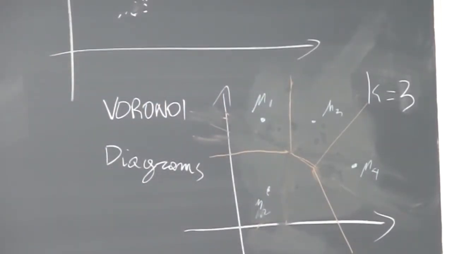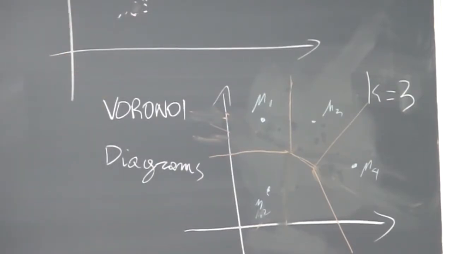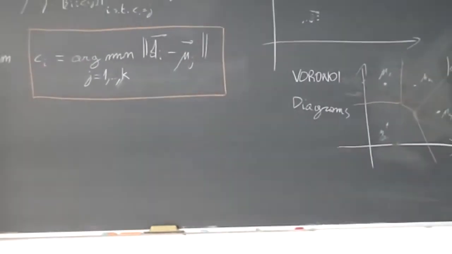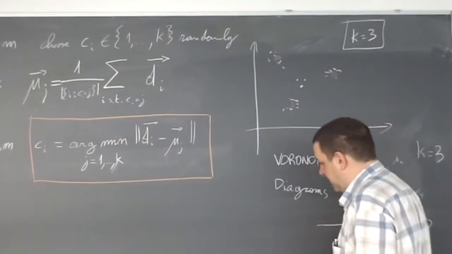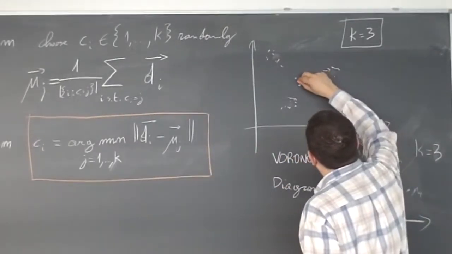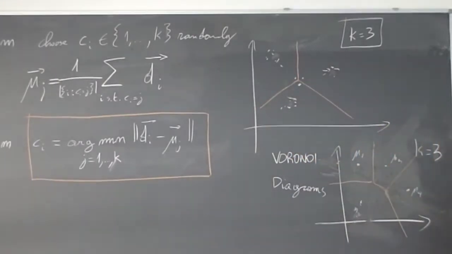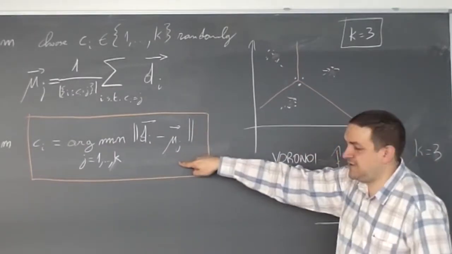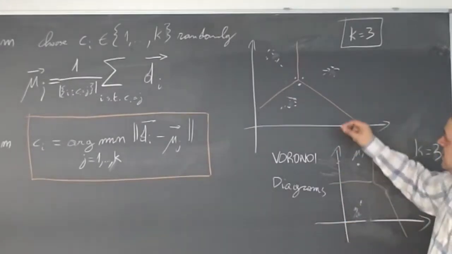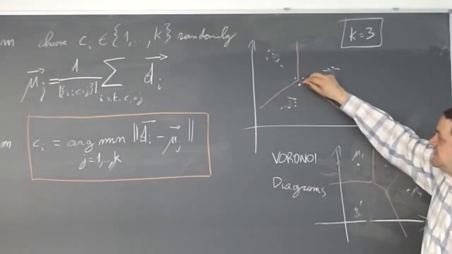Okay, it means that, well, in this case, probably at the second iteration, everything will be okay, because if the 3 points were originally set like this, their Voronoi diagram would be something like this. So actually, at this step, you see, all of these points will be attributed to this representative, all these points to this representative, and so on.